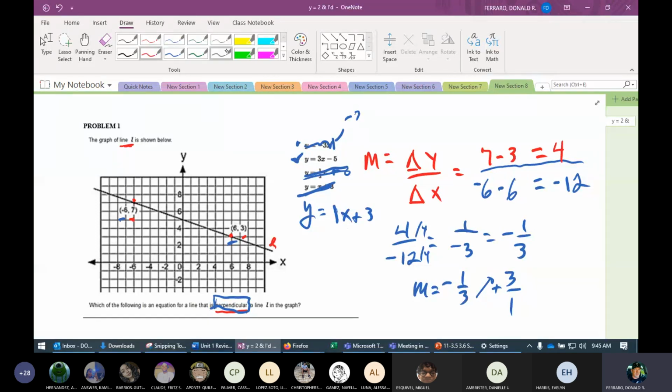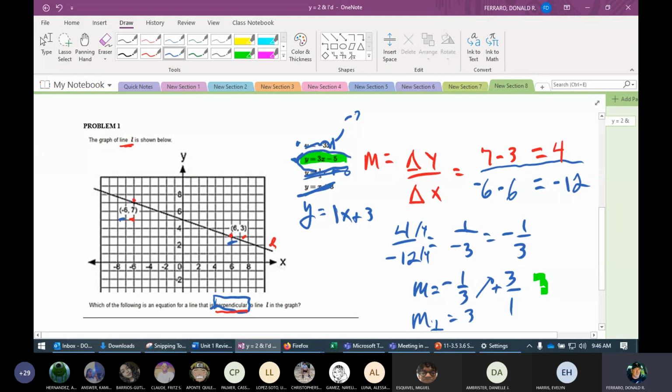So my answer on this one is y equals 3x, okay? I said it was 3 over 1, all right? So we know that our slope was 3 there. So the perpendicular slope here equaled 3.